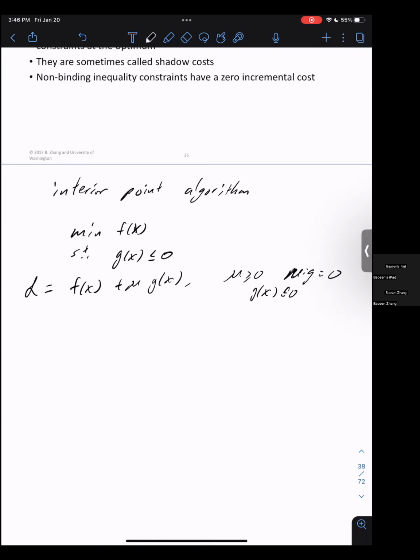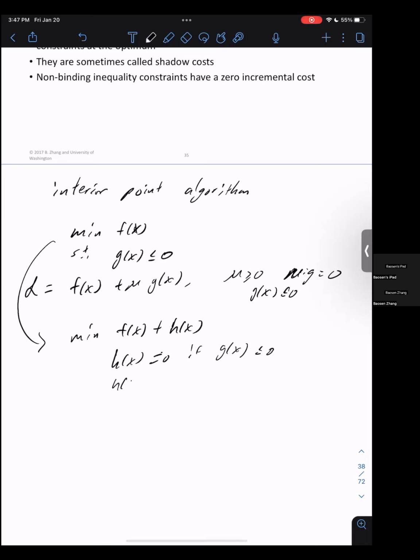Very close, very close. What you want to say is, I want something that has the following feature. I want to turn this into minimizing f of x plus h of x, where this h of x has the following feature. h of x is 0 if g of x is less than or equal to 0. h of x is infinity if g of x is greater than 0.